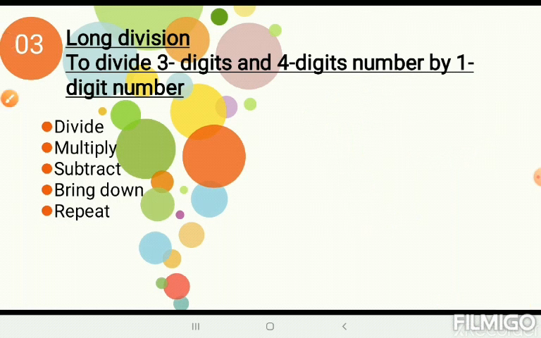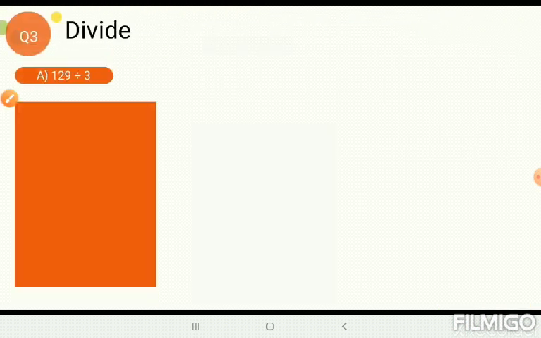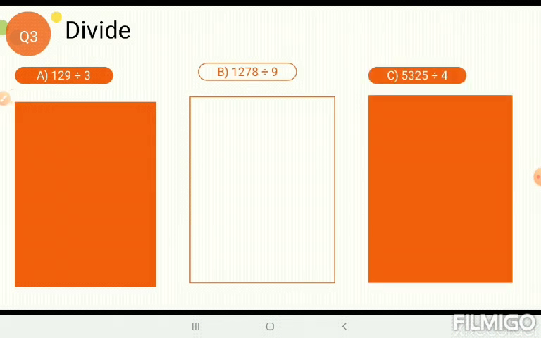Let's see some more examples based on this. Okay, so let's start doing the first one. I have to divide 129 by 3. So 1 is less than 3, we cannot divide 1. So we are going to take 2 digits, that is 12. So 3 fours is 12.